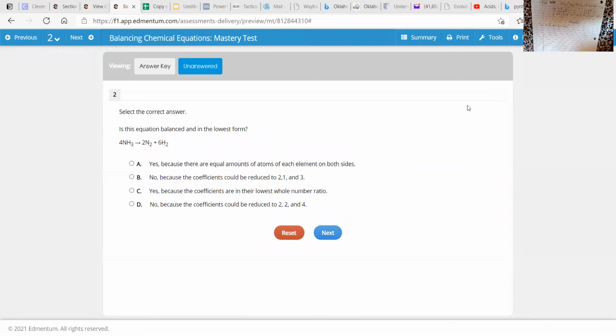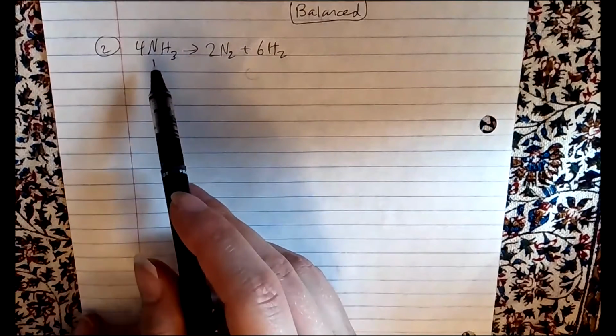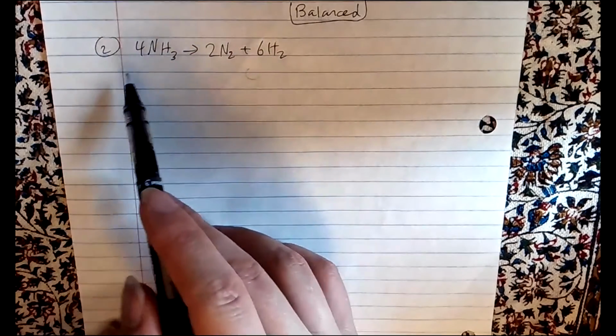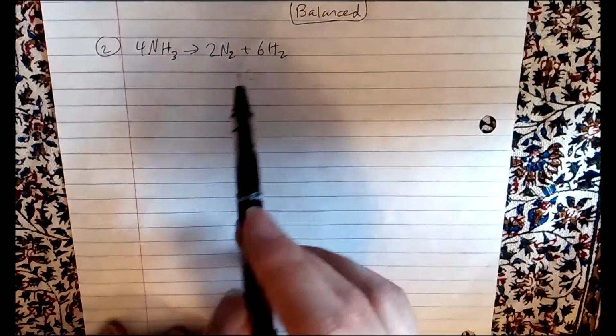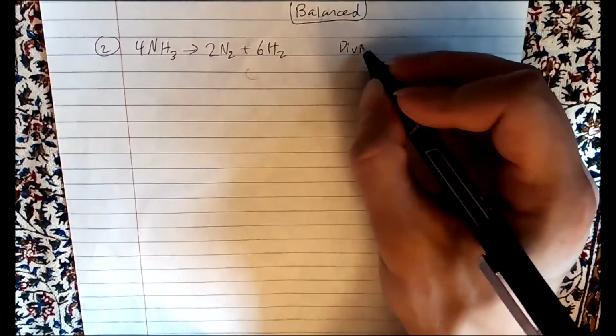When you're all done balancing the equation, or you think you're all done, double check to see if you can divide out any number for all terms. In this situation, we have 2, 4, and 6. All of those are divisible by 2.